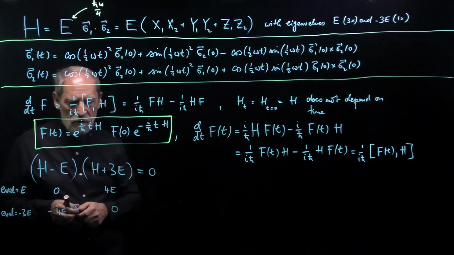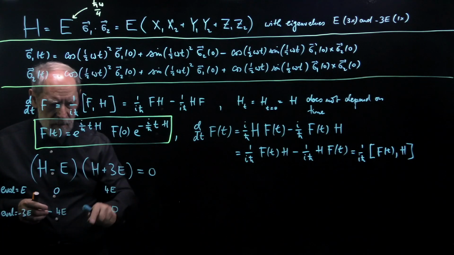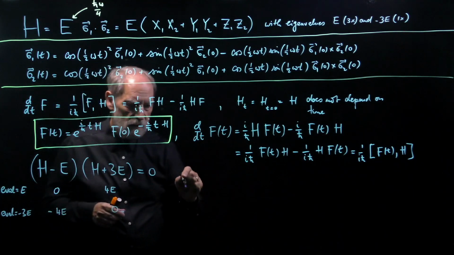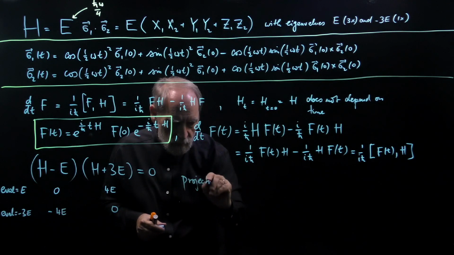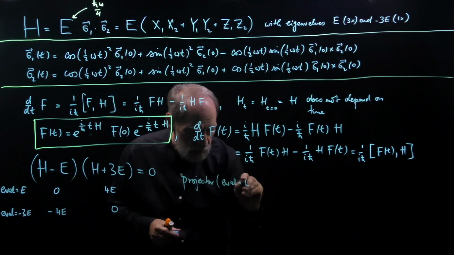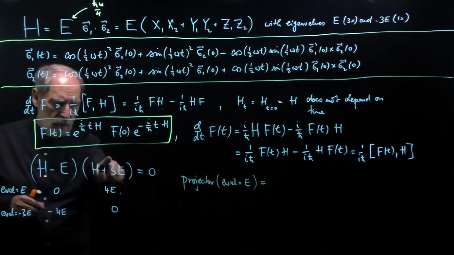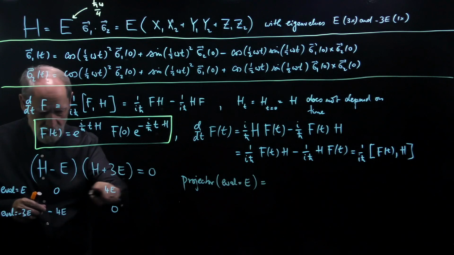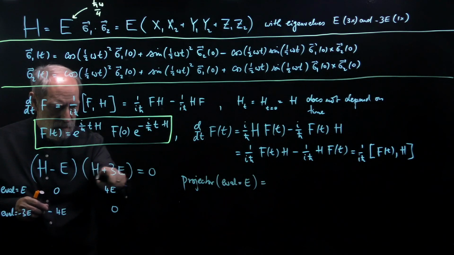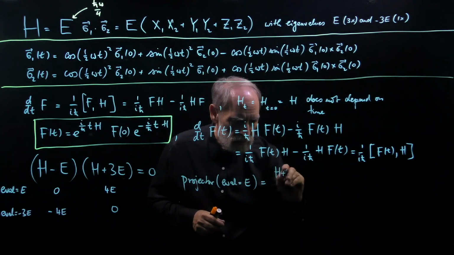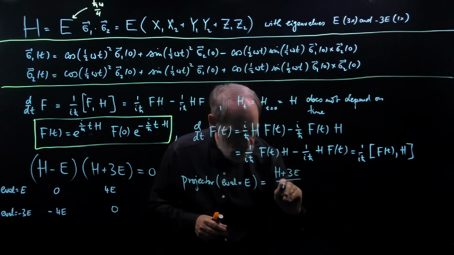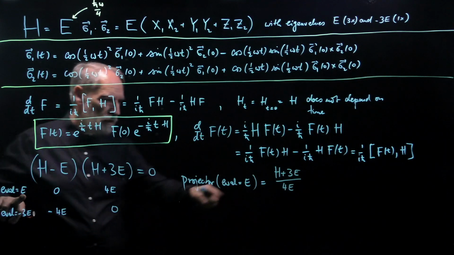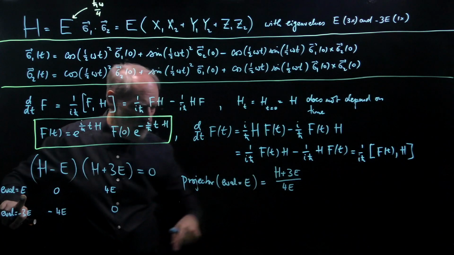So this tells me that except for an overall factor, H plus 3E is the projector on eigenvalue E. More precisely, the projector for eigenvalue E is a multiple of H plus 3E, but for the projector it should be 1 when I have the eigenvalue E. So I need to divide H plus 3E by 4E, such that I get 1 whenever H takes on the eigenvalue E. Then it's E plus 3E, 4E divided by 4E, I get 1.